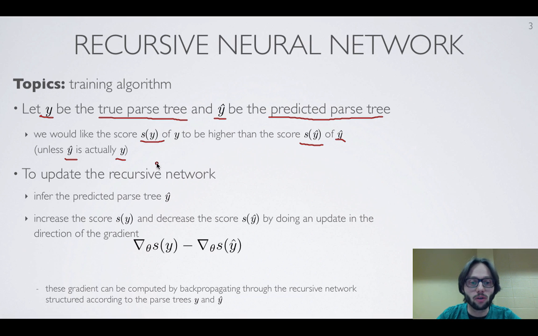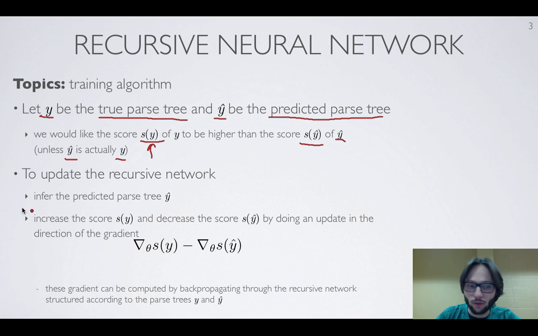But if it's doing an incorrect prediction, then what we want is for the score of y to be higher than the score of y hat, so that next time around it's more likely that y will be the predicted parse tree. So an algorithm for trying to achieve this is that whenever y hat is not y, we just increase the score of y and then we decrease the score of y hat.